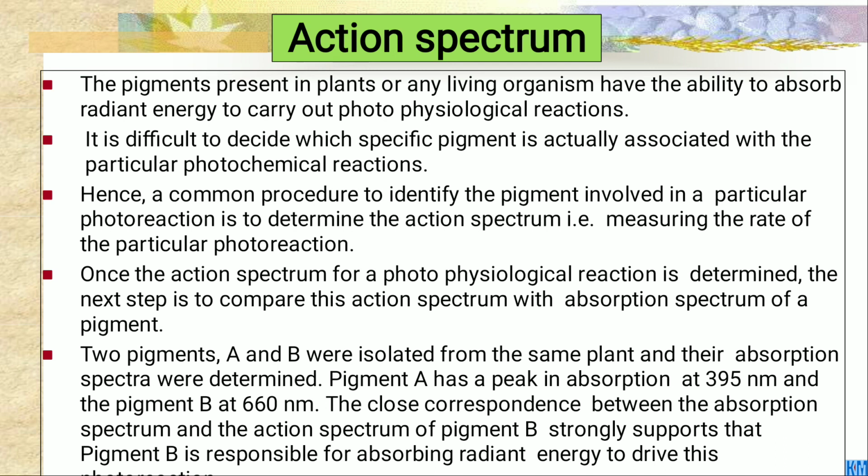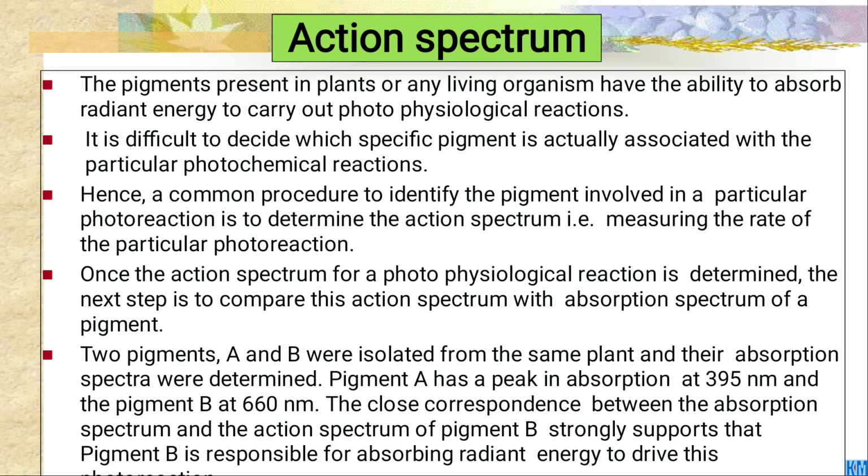Hence, a common procedure to identify the pigments involved in a particular photoreaction is to determine the action spectrum, that is, measuring the rate of the particular photoreaction. Once the action spectrum for a photophysiological reaction is determined, the next step is to compare it with the absorption spectrum of the pigments.